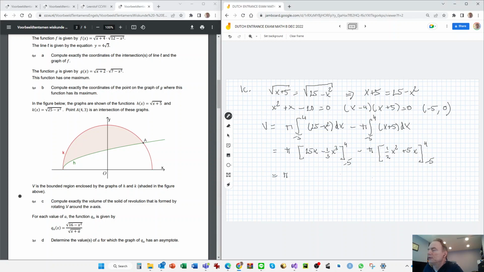pi times 4 substituted here, so it's 100 minus 1/3 times 4 to the power 3, 64, and then I need to subtract this with minus 5 substituted, so minus 125, and here you get a plus, because minus 5 to the power 3 has a negative sign. 1/3 times 125.